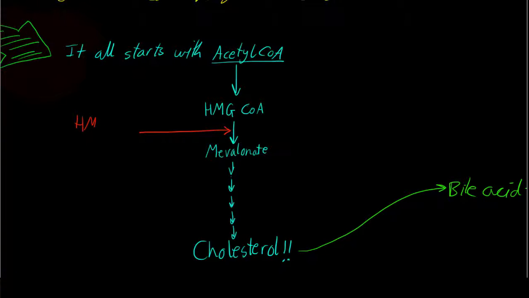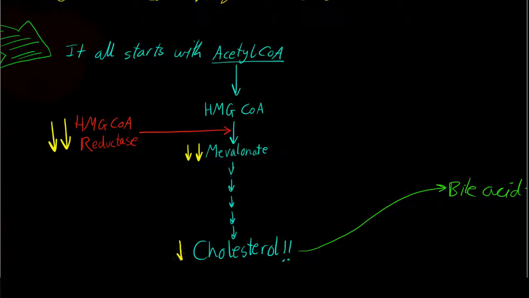So let's get back into the pathway. HMG-CoA is converted into mevalonate by an enzyme called HMG-CoA reductase. This enzyme causes the conversion of HMG-CoA into mevalonate, which eventually gives cholesterol.